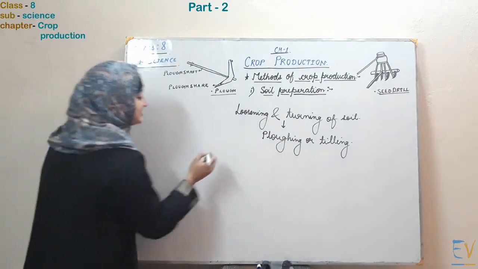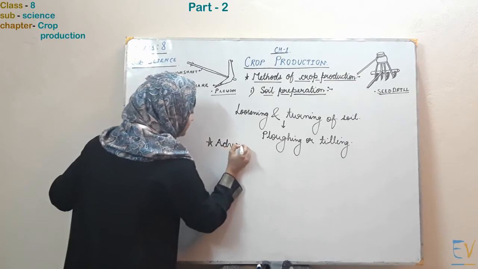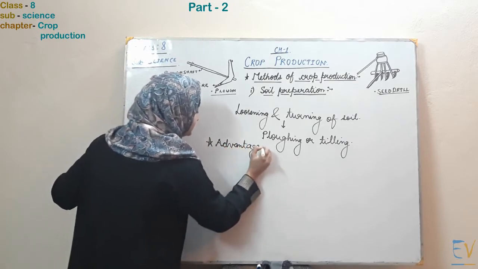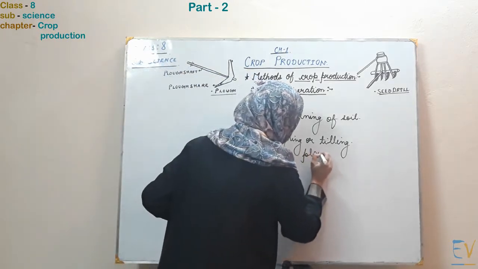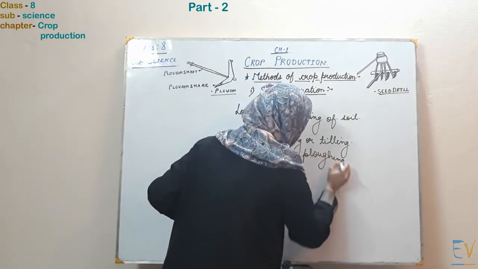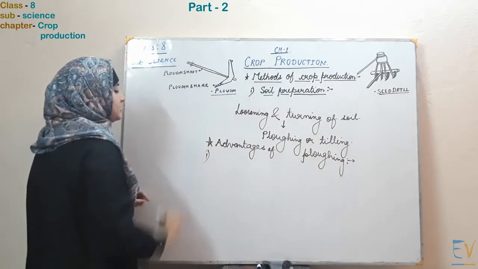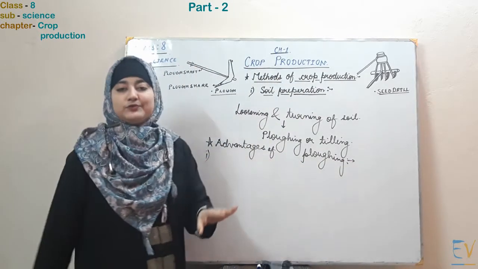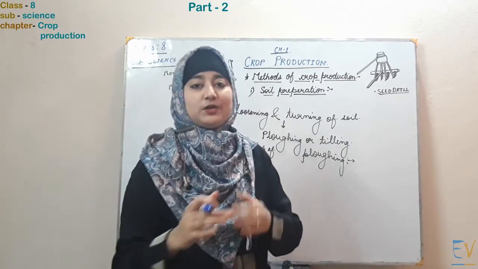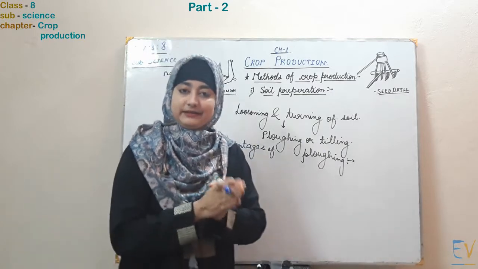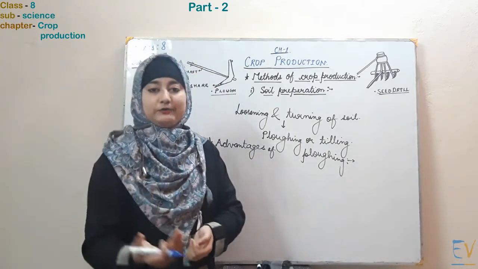Basically, now there are several advantages of plowing. Now see one by one. Okay. So the first advantage of loosening the soil, generally loose soil contains lots of air trapped in it, which plays a very important role in breathing of roots.